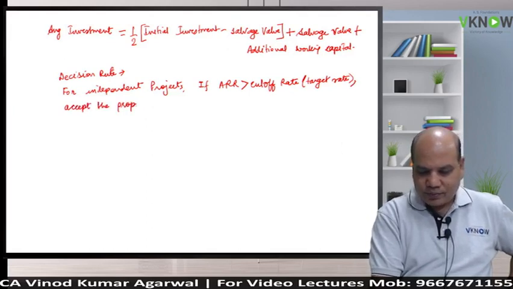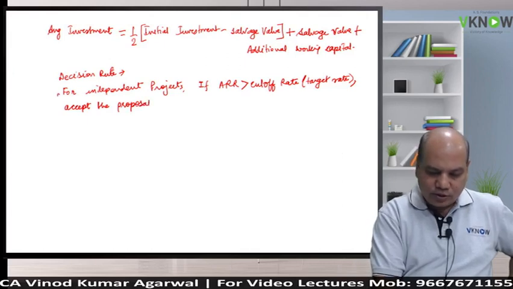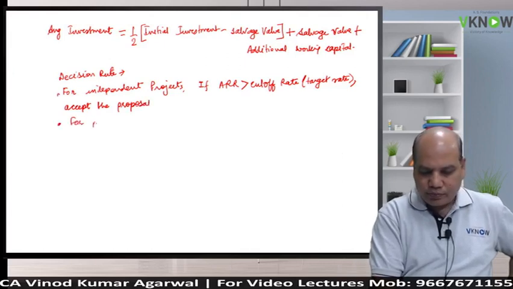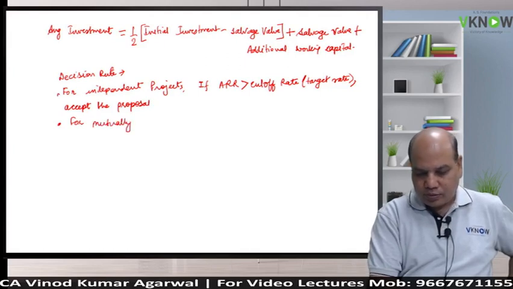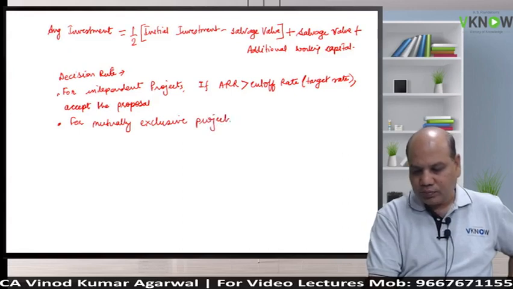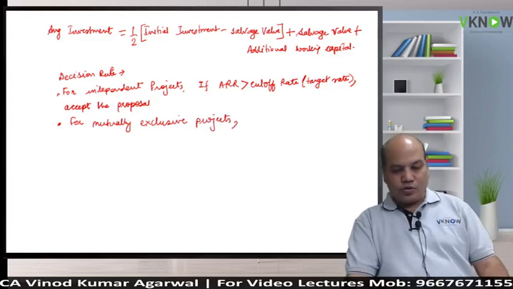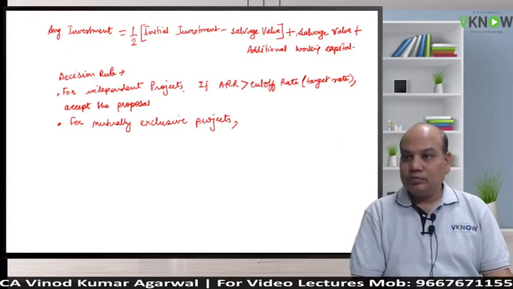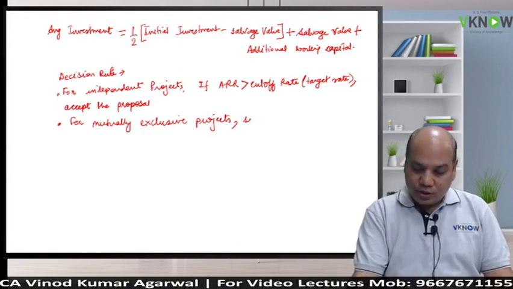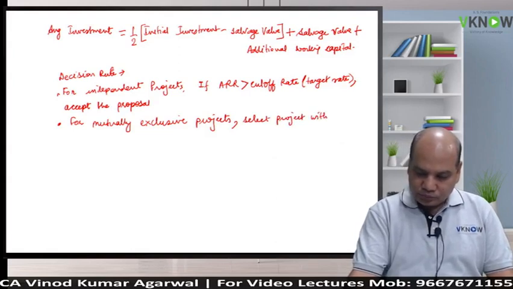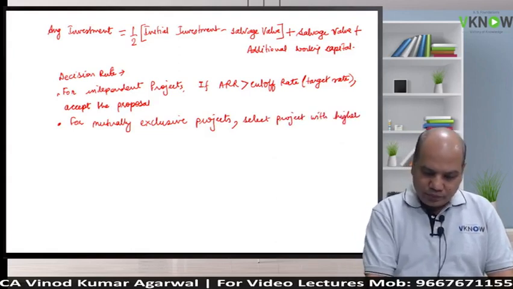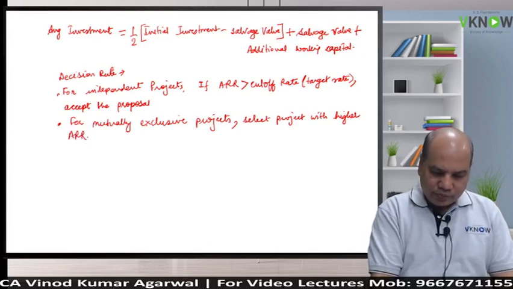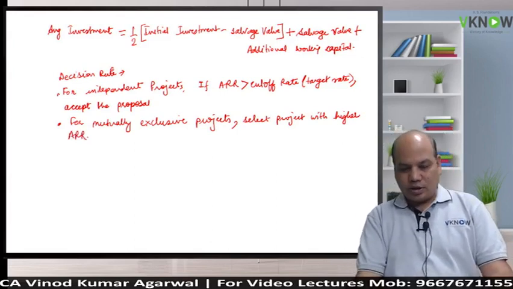And then you write down second bullet point for mutually exclusive projects. Mutually exclusive projects means either of the two can be selected, one of the two. Select project with higher ARR.